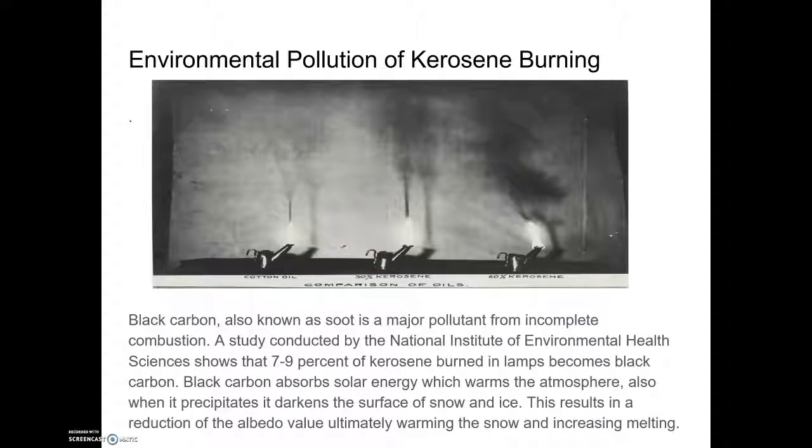This results in a reduction of the albedo value, ultimately warming the snow and increasing the melting effect. But how significant is this 7 to 9% of soot produced by kerosene burning in the grand scheme of pollutants? Well, in comparison, only half of 1% of emissions from wood combustion is converted to black carbon.